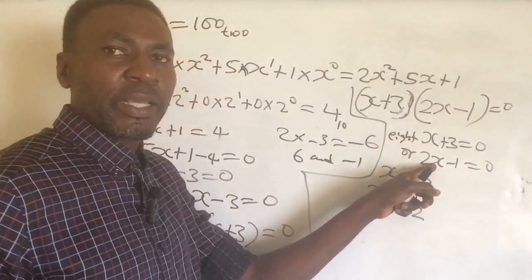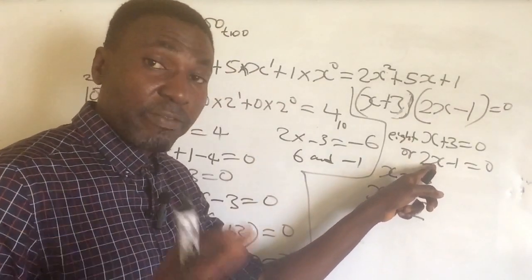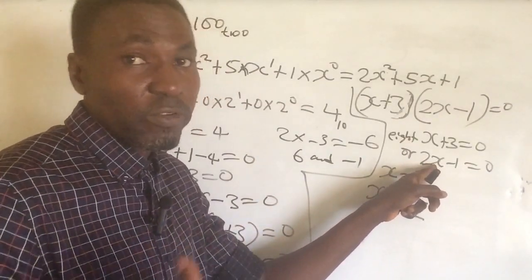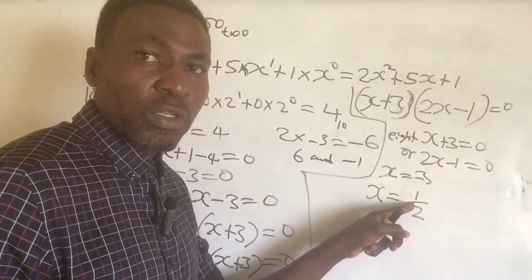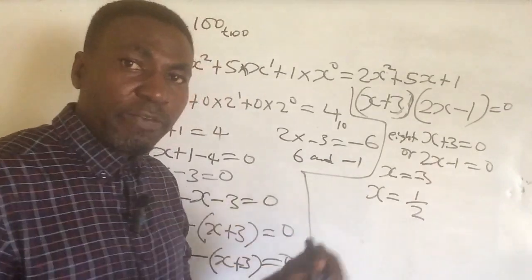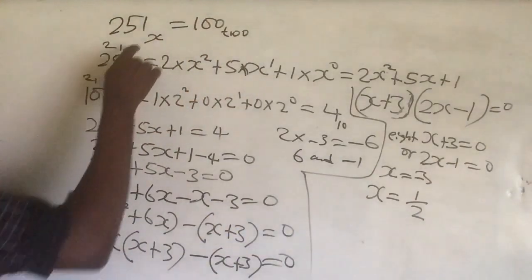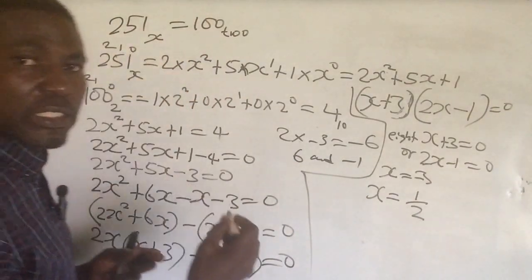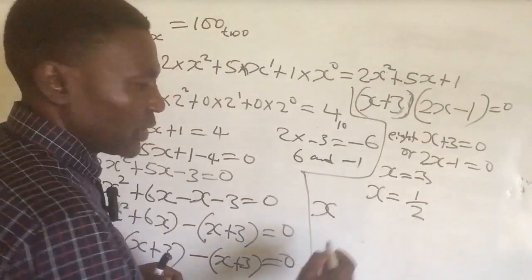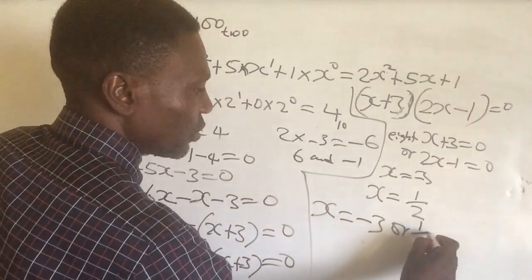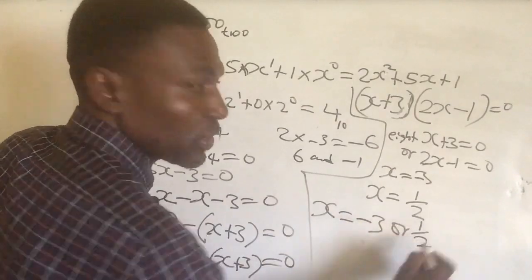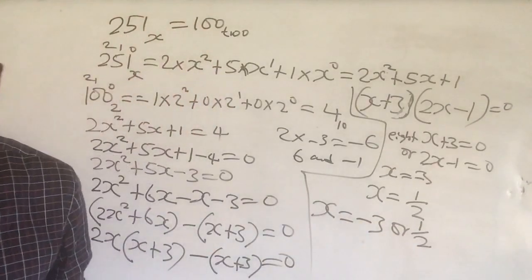I just made x the subject of the formula here. I have treated how to make something the subject of a formula, so please visit that video to know what I've done here to get x equals 1 over 2. Finally, the value of x we are looking for is x equals minus 3 or x equals 1 over 2. That is the value they are asking for.